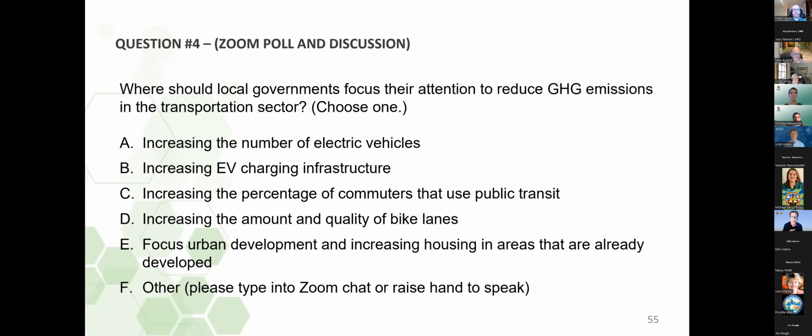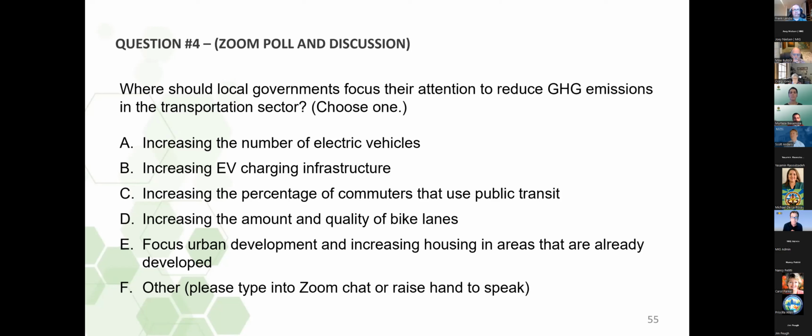So as you can see here, we've got the poll popped up. It's increasing the number of electric vehicles, increasing EV, electric vehicle, charging infrastructure, the percentage of commuters that use public transit, the amount and quality of bike lanes, urban development focused on increasing housing in areas that are already developed, so maybe more infill oriented development, and again, other.